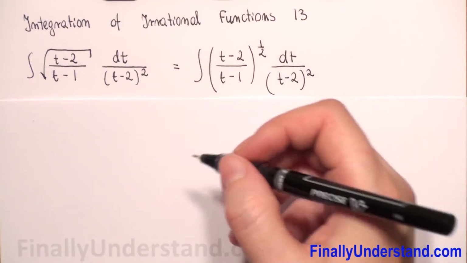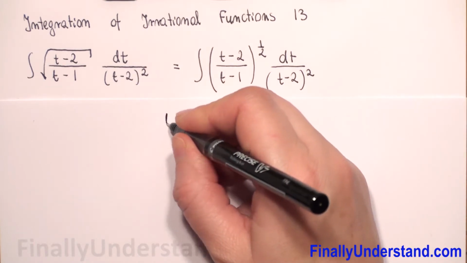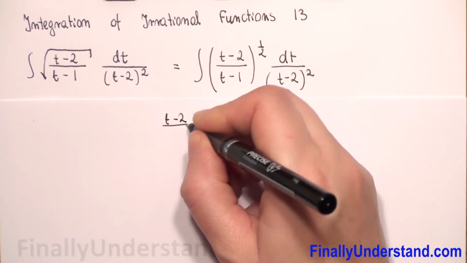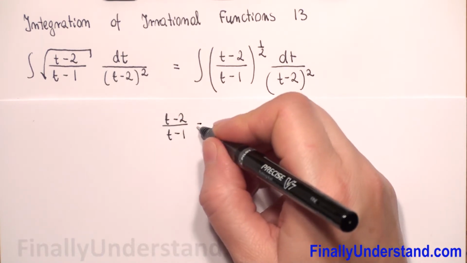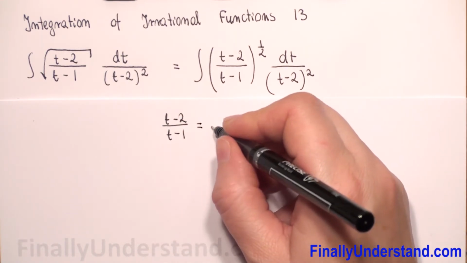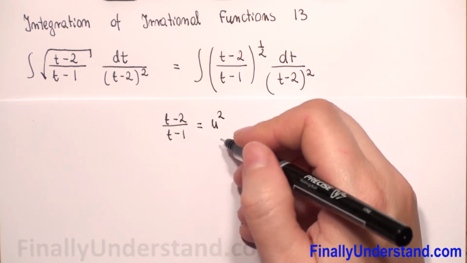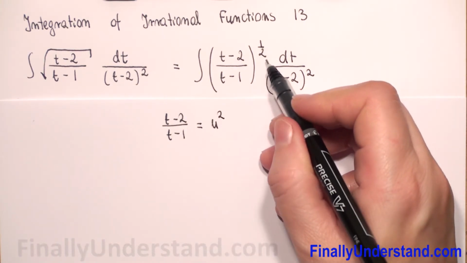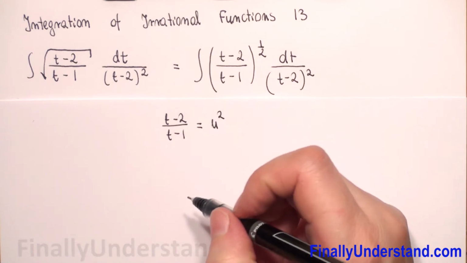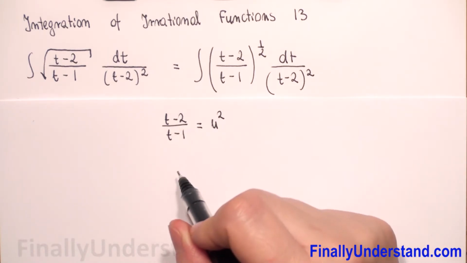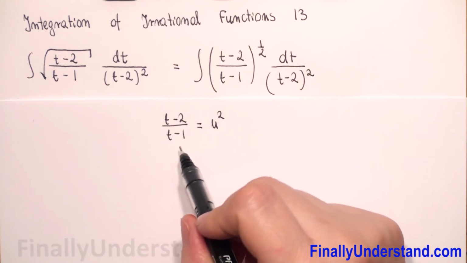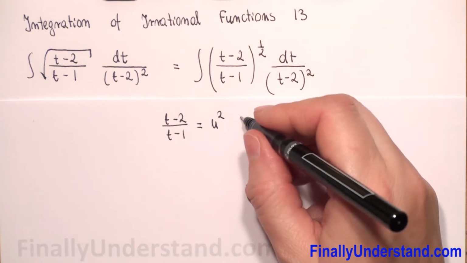Now we will substitute (t minus 2) over (t minus 1) equal to u square, because we have exponent 1/2. So now we need to find t from this equation. I will multiply both sides by t minus 1.